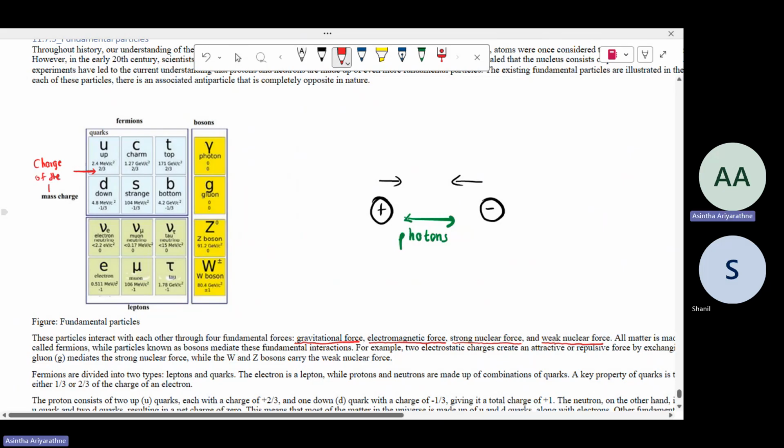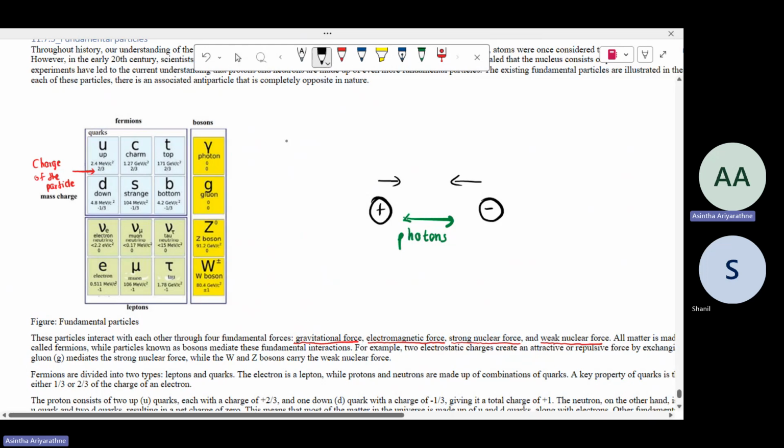The charge of the particle is given with respect to the charge of the electron, which means the charge of U is 2 over 3 of the charge of an electron.